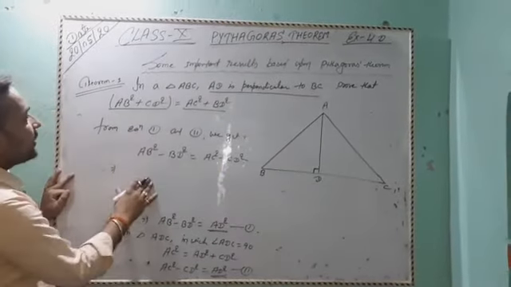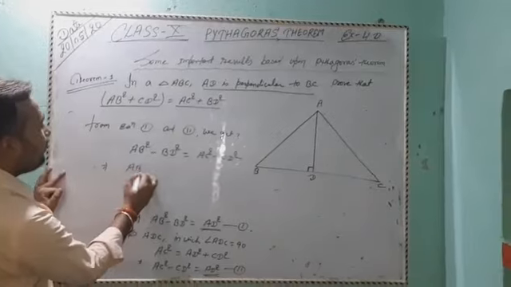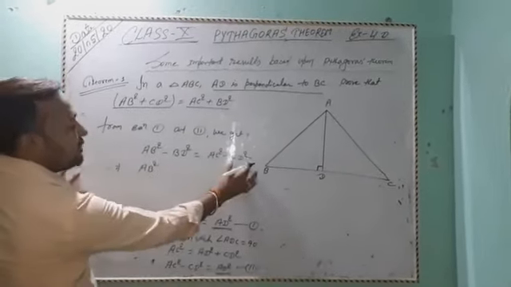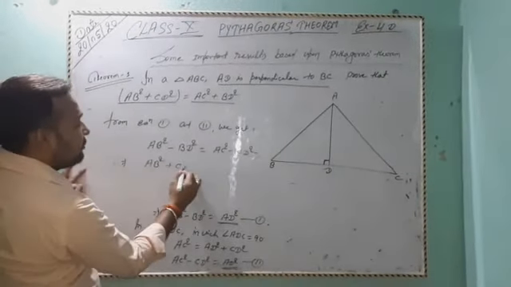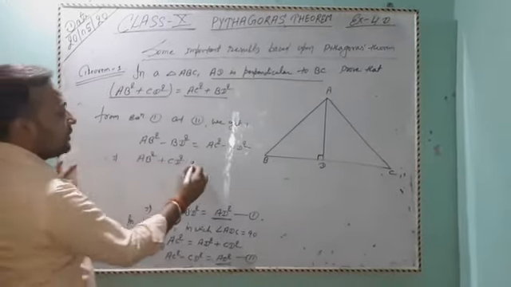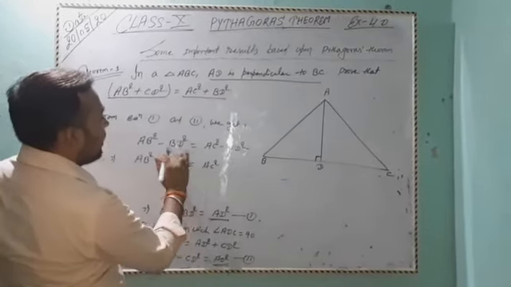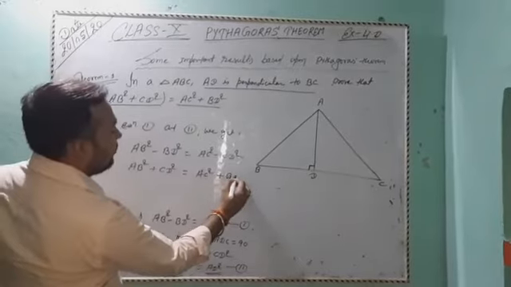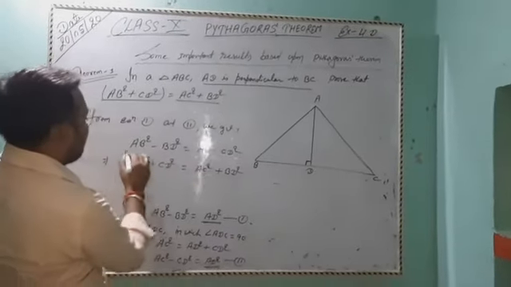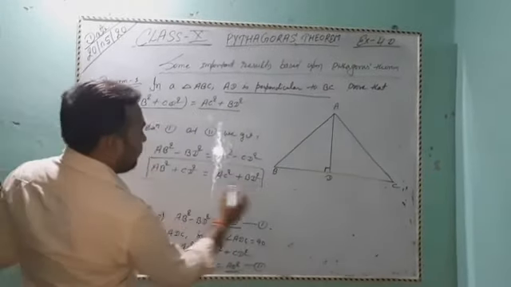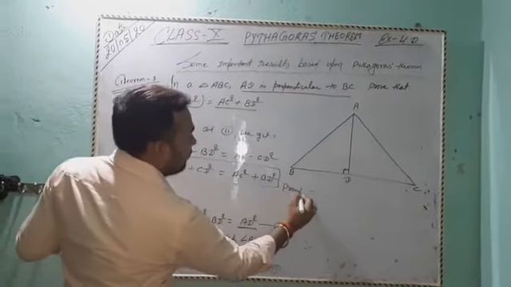Now we arrange: AB square plus CD square, side change, equal to AC square plus BD square. Hence proved.